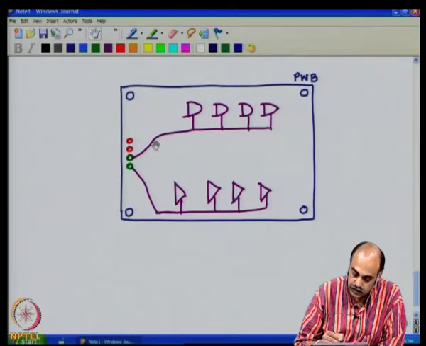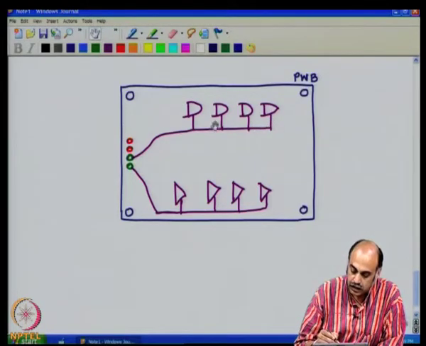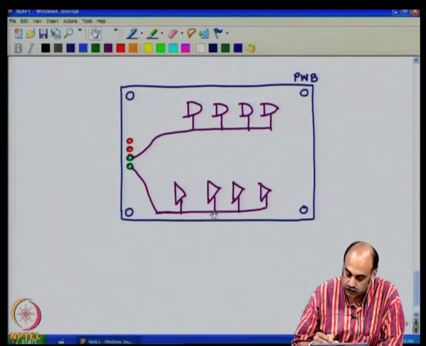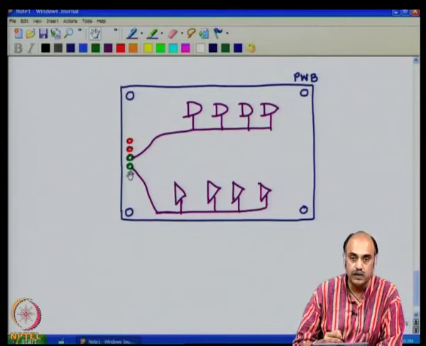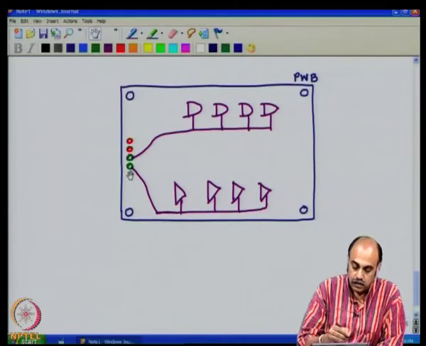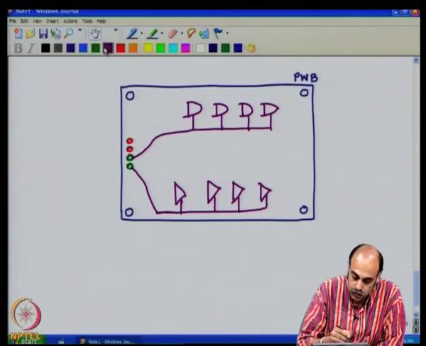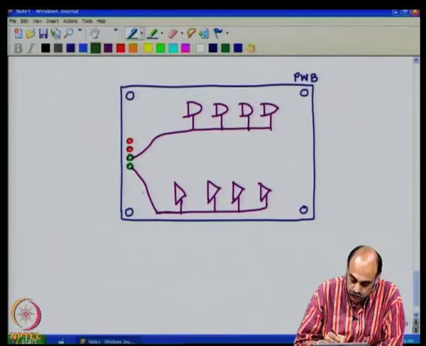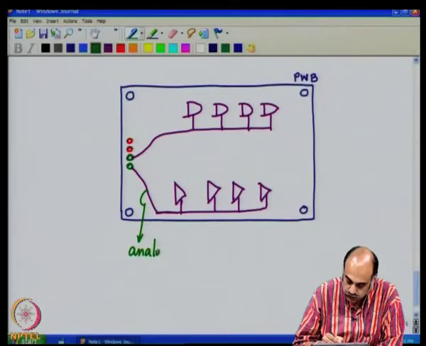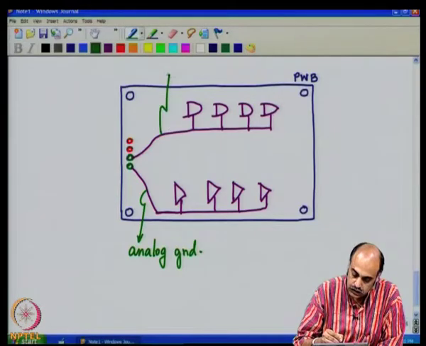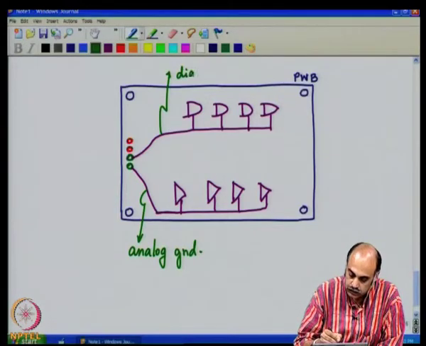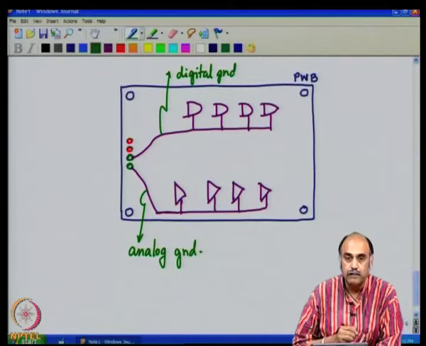The grounds of the digital part, do not connect them on the PCB at all to the analog part of the ground here. Now, which means you have an analog ground, this is called the analog ground, and this is called digital ground, and these two grounds are not mixed.